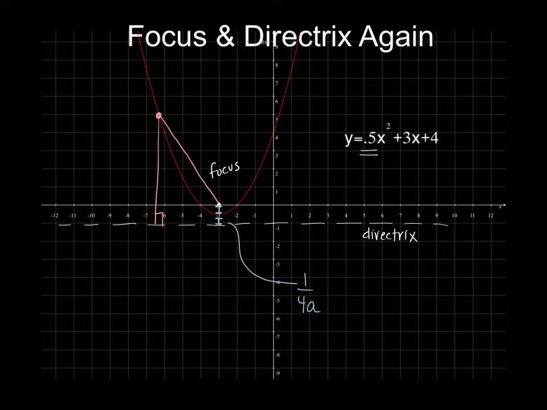So in our case, that's 1 over 4 times a half, which is 1 over 2. So we can see in this one that that distance is a half a unit. And that's how we used to find those 2 points. We'd find the vertex and add and subtract that amount to get the point and the line. And like with everything in parabolas starting now, this can be in the x or the y direction.